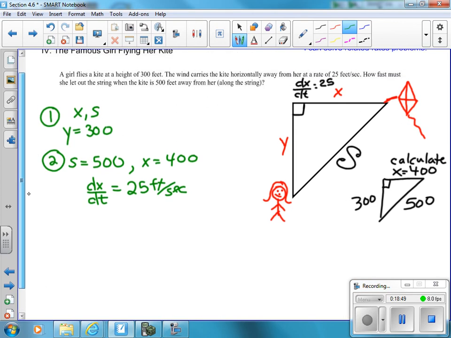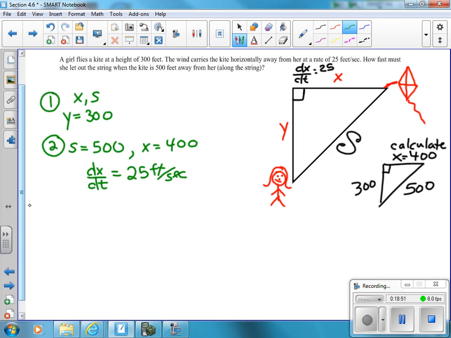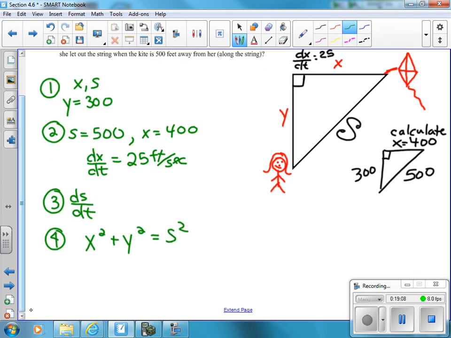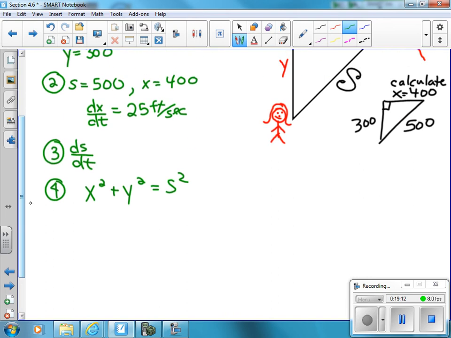So we want to know how fast she must let out her kite string, and so that is ds/dt. Okay, so from our little triangle, you can probably guess that we are going to use the x squared plus y squared equals s squared equation again. Good old Pythagoras. Okay, so if we take the derivative of that, we've already done that before, so 2x dx/dt.